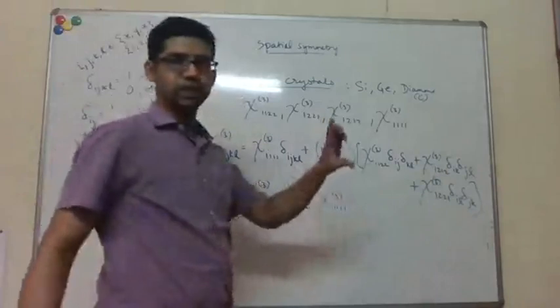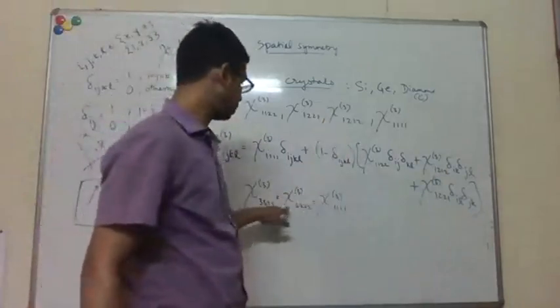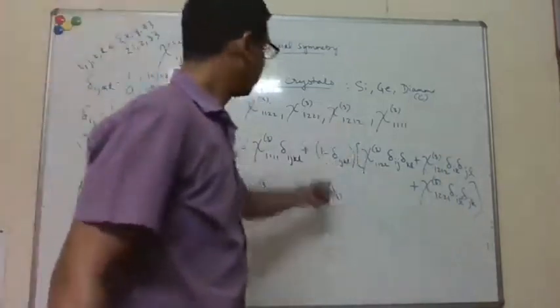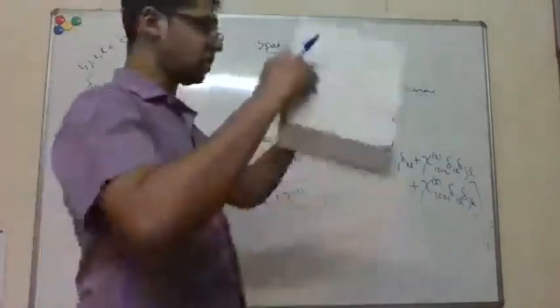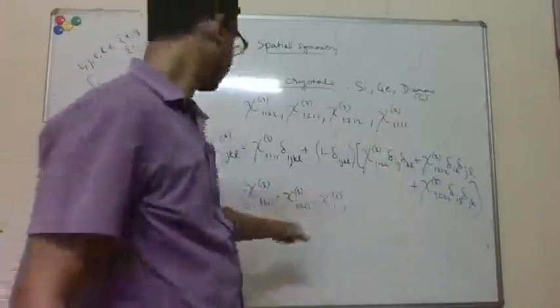Which means 90-degree rotations don't matter. If I rotate by 90, take x to y, z, because it's a cubic crystal, right? So the atoms are arranged around a cube. 90-degree rotations leave the crystal invariant, right?